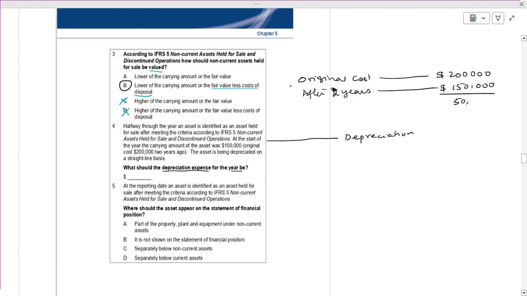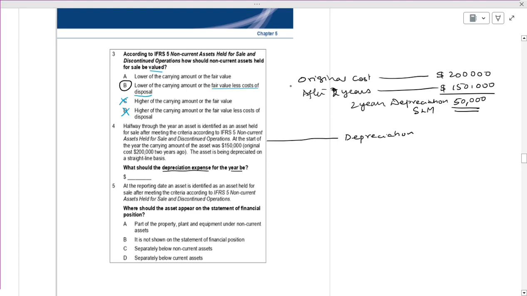How much is the depreciation for 2 years? Two years depreciation is how much? 50,000. Now, it is a straight line method.